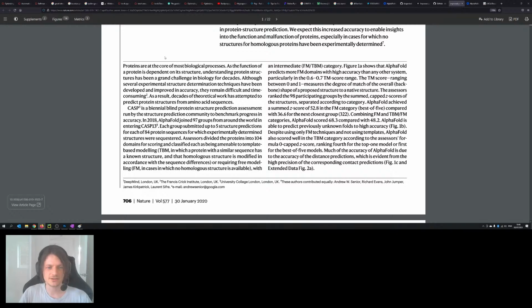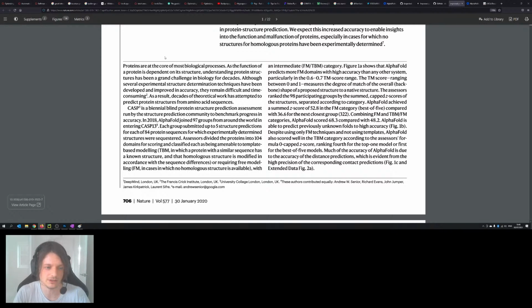Assessors divided the proteins into 104 domains for scoring and classified each as being amenable to template-based modeling, TBM, in which a protein with a similar sequence has a known structure, and that homologous structure is modified in accordance with the sequence differences, or requiring free modeling in cases in which no homologous structure is available.